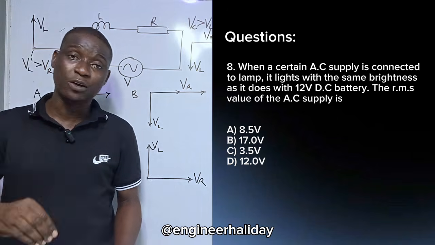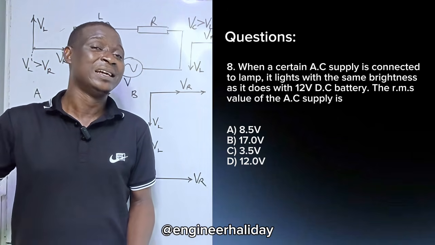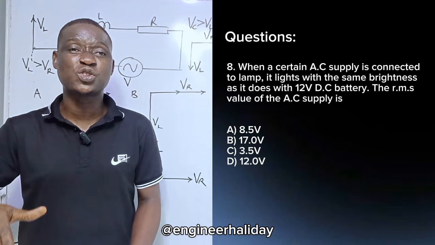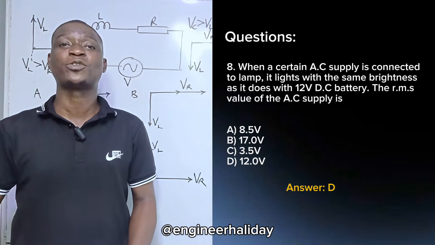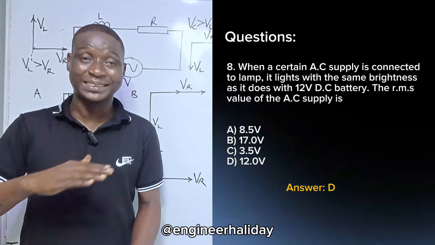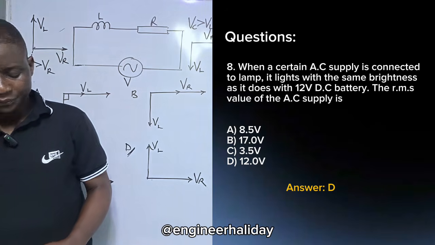The RMS voltage will be the same as the 12-volt battery voltage because they are operating at the same resistor. Don't forget the lamp, they light up the same way, meaning the same resistor, so they will have the same voltage. So the answer is D, 12 volt.